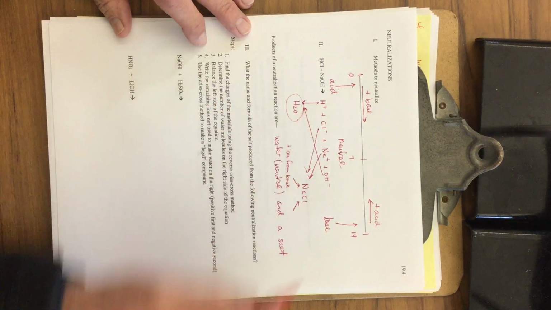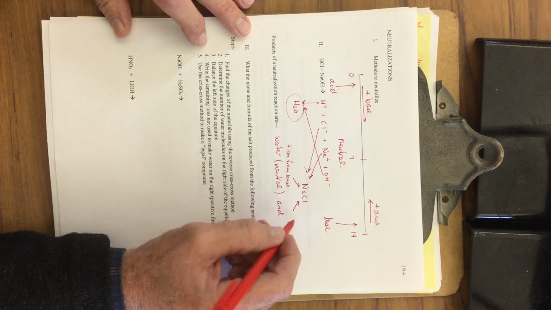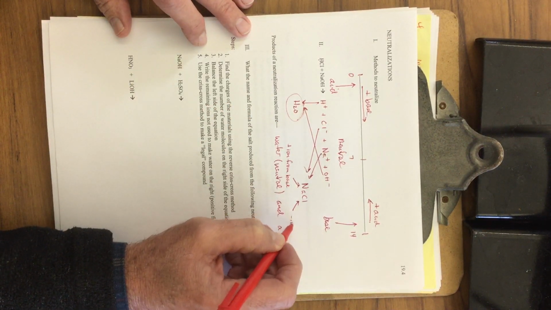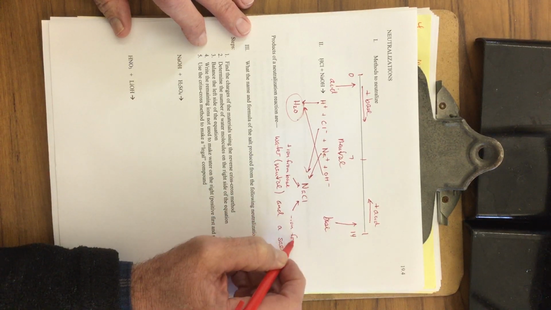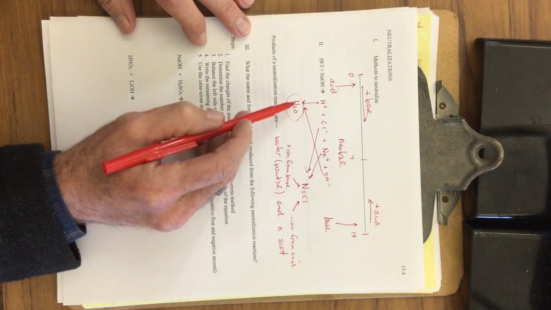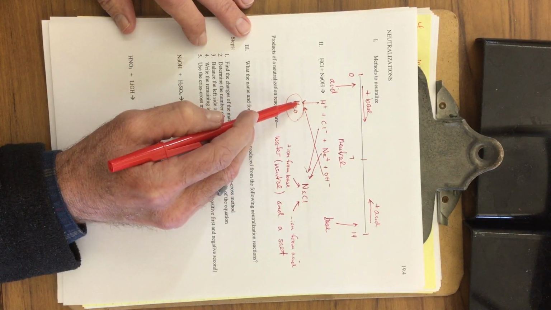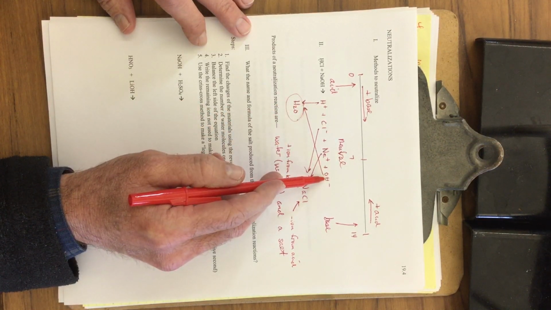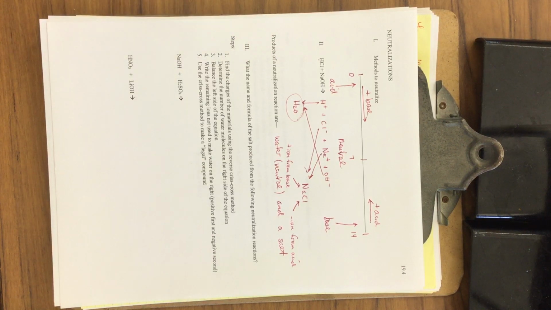The Cl is a negative ion coming from the acid. Where did the H come from? The H came from the acid. Where did the OH come from? It came from the base. So with this information, we're going to start walking through the steps, and this is going to be a skill learned just by repetition over and over again.